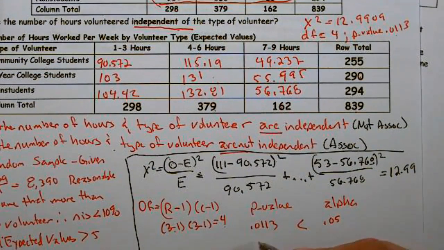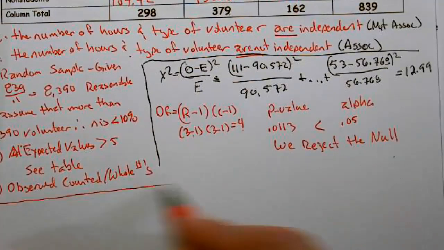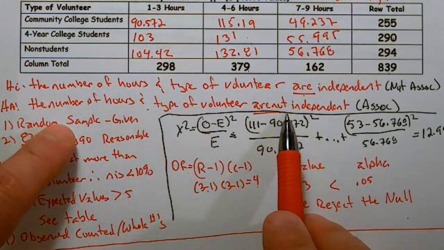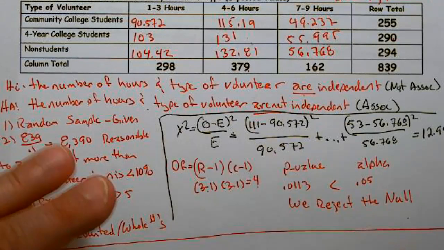So we're going to reject the null. So that's our decision. And what did we reject? We rejected that they are independent. So that means we believe they are not independent. So in other words, we believe they're associated.